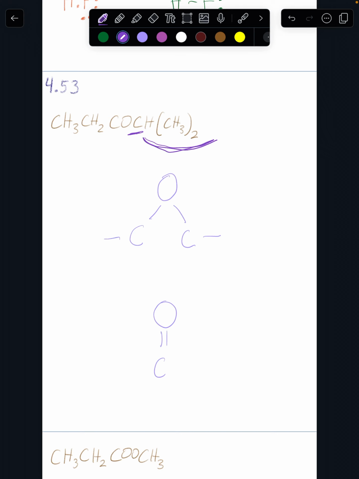Okay, and then we have this extra carbon here. It has to connect to this carbon. And it only is connected to the oxygen otherwise, and to another carbon. So it's a little confusing.